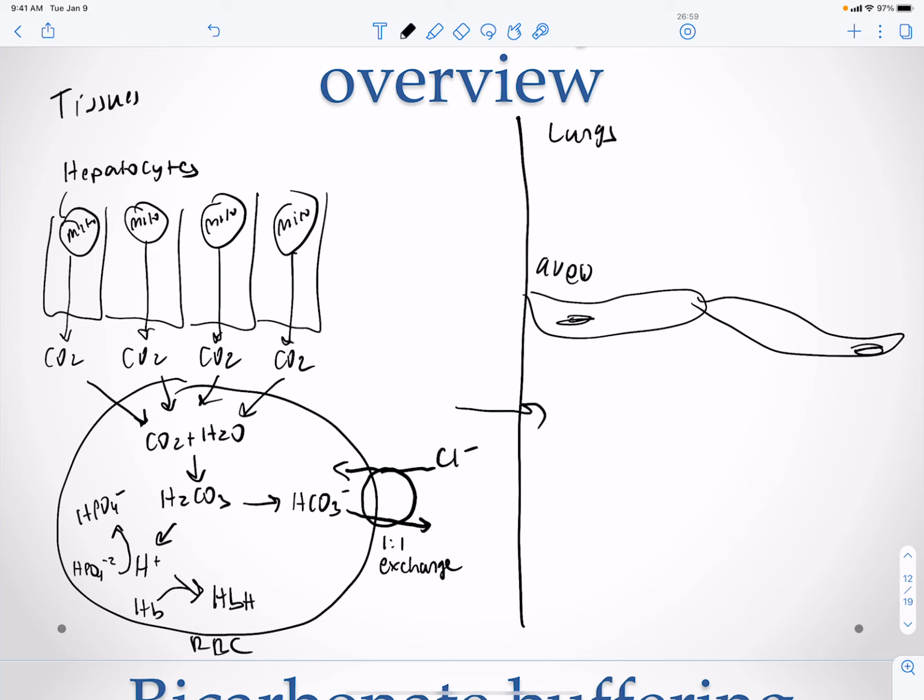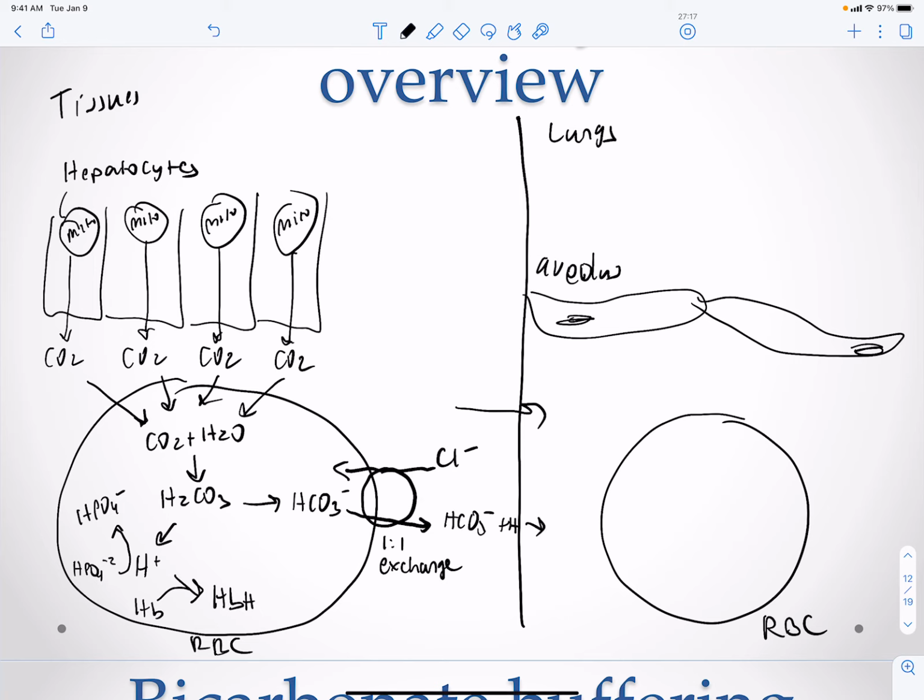And so what happens here is your red blood cell comes over. So here's your red blood cell again, not to scale. And your bicarb becomes carbonic acid.